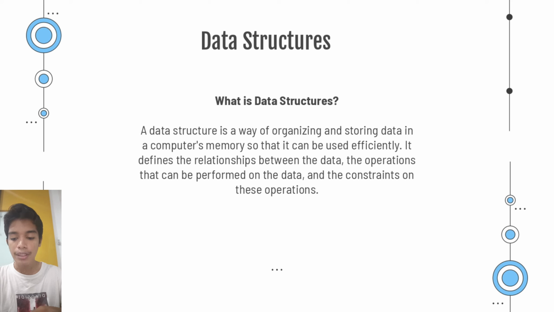A data structure is a way of organizing and storing data in a computer's memory so that it can be used efficiently. It defines the relationships between the data and the operations.